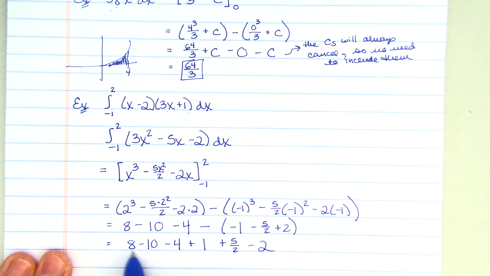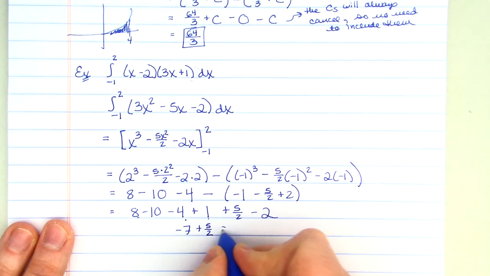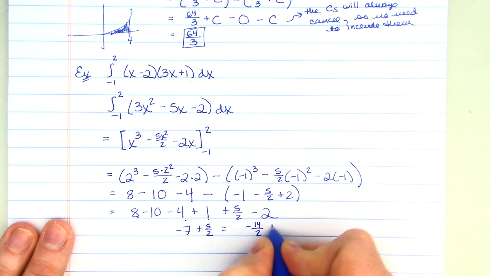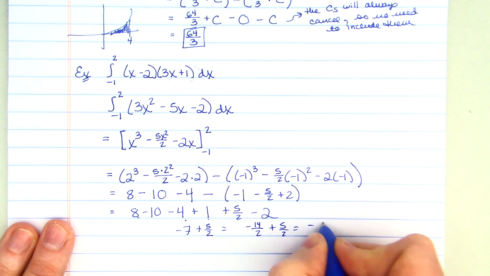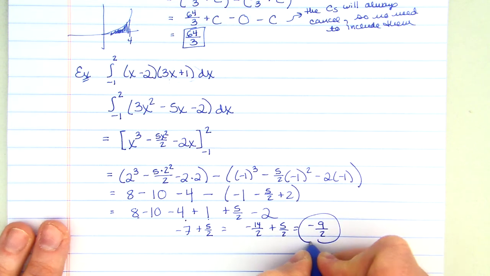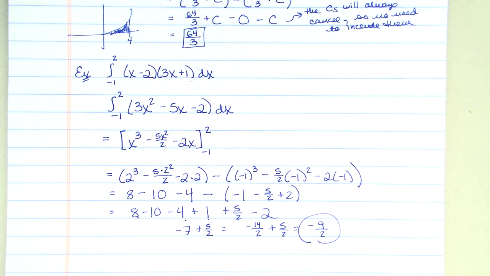We've got this. -2 minus 4 is -6 plus 1 is -5. Minus 2 is -7. -7 plus 5 halves, I believe, which will be -14 halves plus 5 halves, -9 halves, which just means there's more of this below the x-axis than above the x-axis. Your definite integral should be -9 halves.